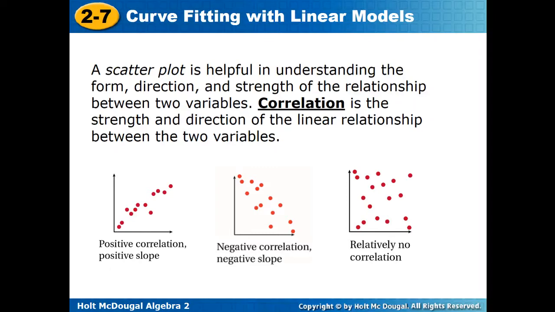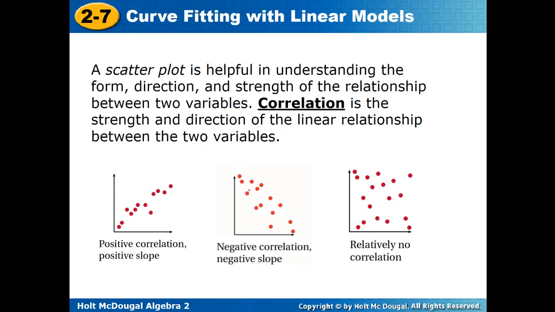So let's look at the first graph. The first graph shows us what is called a positive correlation. The reason it's positive is simply because it tends to be going up, like the slope would be in a positive direction. The positive is just telling us that it's going up.